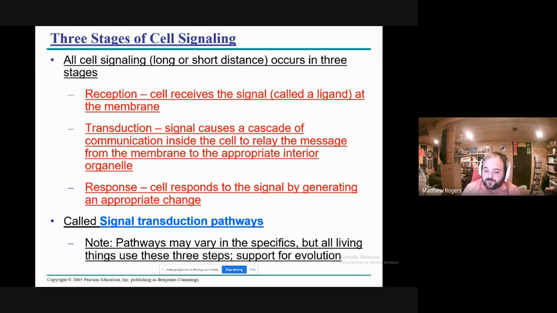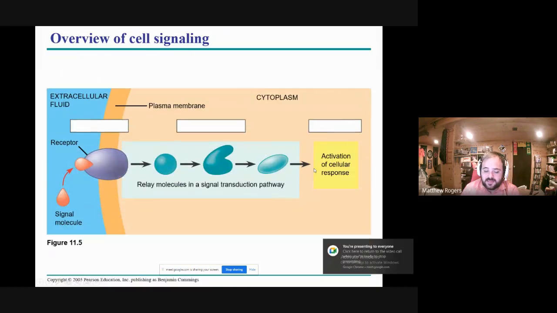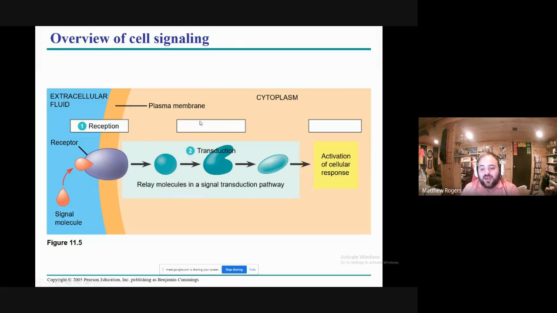At the picture here, this is the classic picture of the 3 steps. So the first time we have a receptor, we have, and it's back, move forward, and then finally a response.